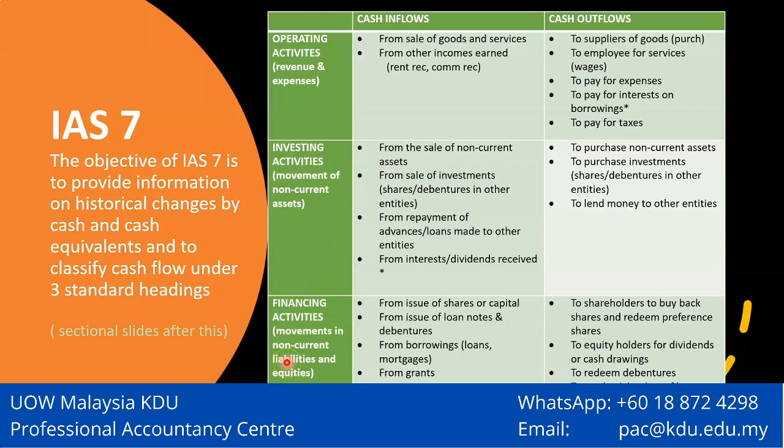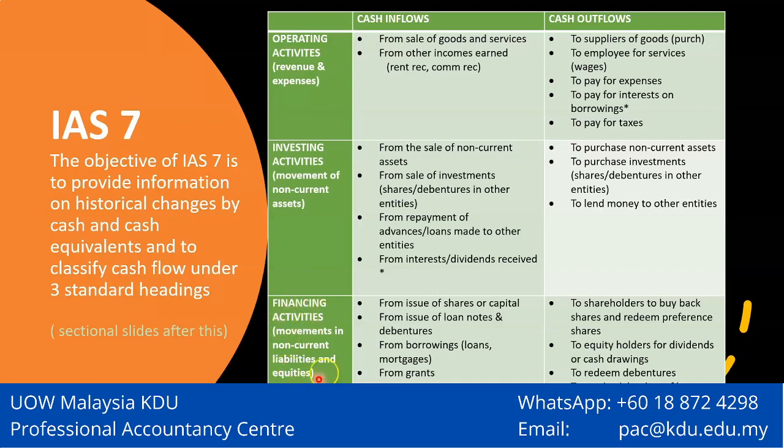Financing activities looks at your major sources of finance for the business. So this includes non-current liabilities, which means borrowing money either from the bank, taking up a mortgage, perhaps issuing loan notes or debentures, and also additional investments from the owner of the business. So in the case of limited companies, this could be additional shares issued.